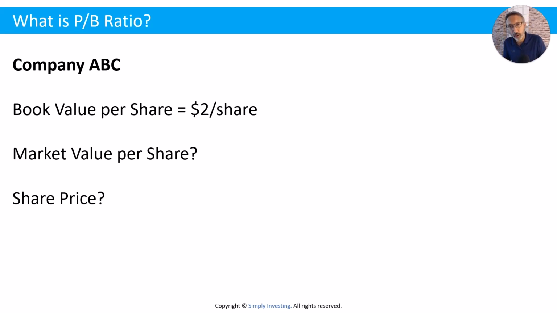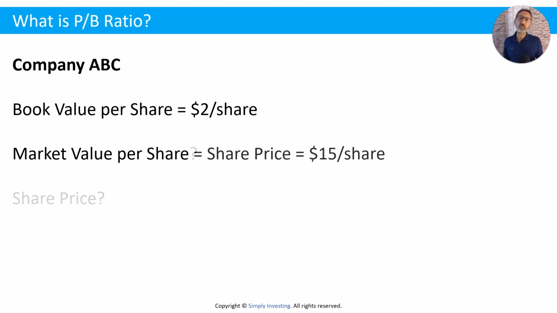There's intellectual property that's worth something. There's the trademark that's worth something, right? And there's other things in there that are worth more than just the book value. So in this example, let's assume that the share price today is $15 a share.